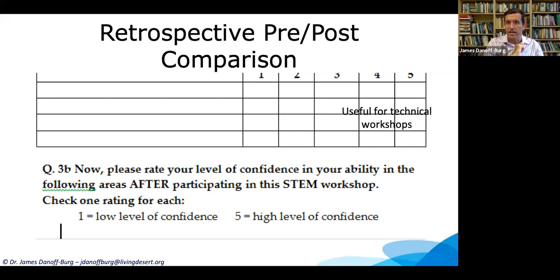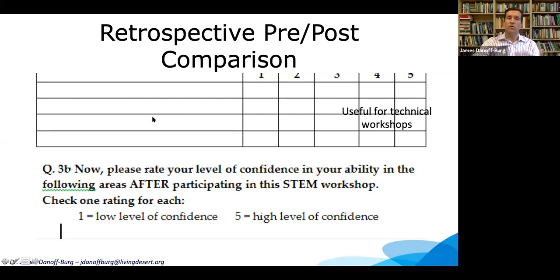That would be the first item on this retrospective pre-post, and they would circle or check the 2 box. On the second line down, you would say, relative to how you were before, how comfortable are you now with putting in a sustainable stove? And they might check a 3 or a 4 if they feel really confident.